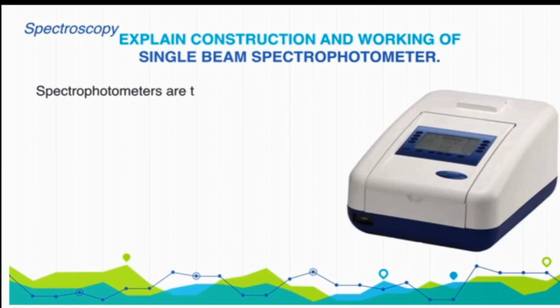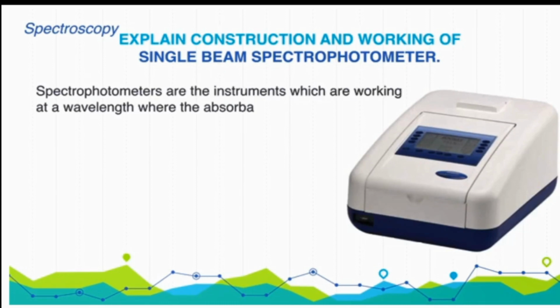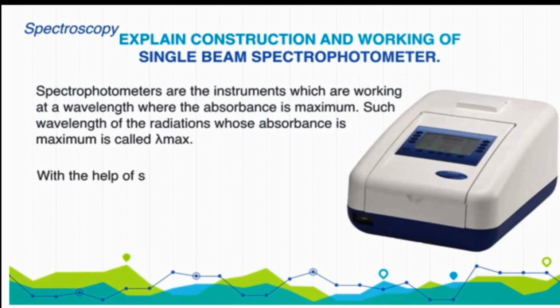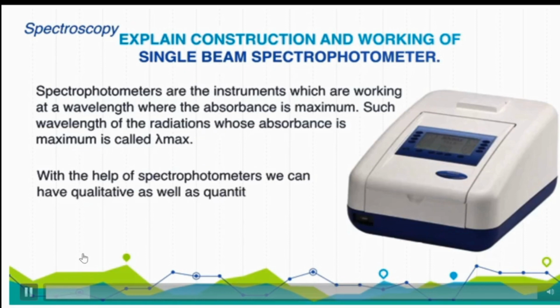Spectrophotometers are instruments which work at a wavelength where the absorption is maximum. Such a wavelength of radiation whose absorbance is maximum is called lambda max. With the help of a spectrophotometer, we can have qualitative as well as quantitative analysis of any type of sample.